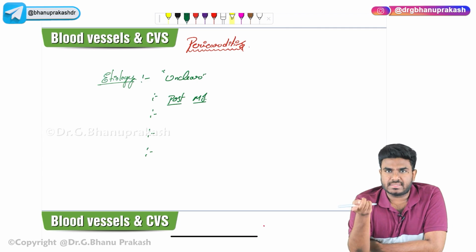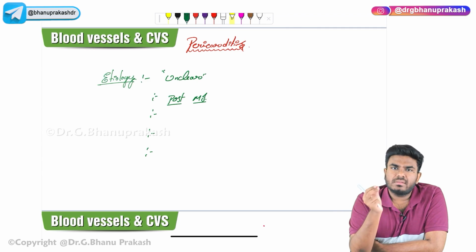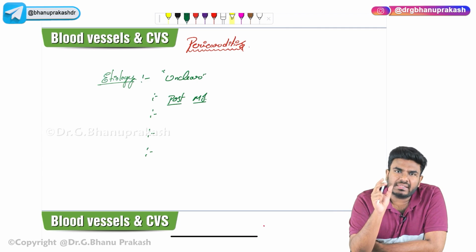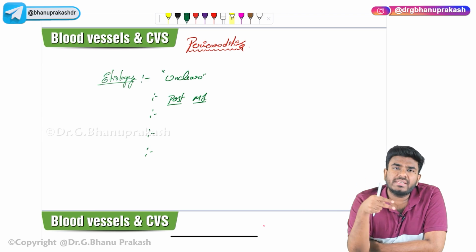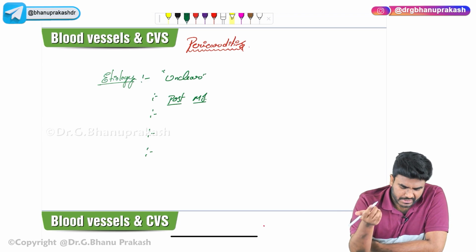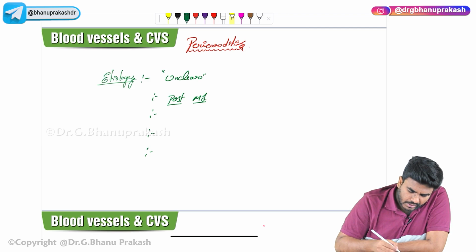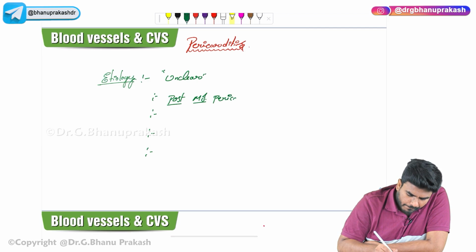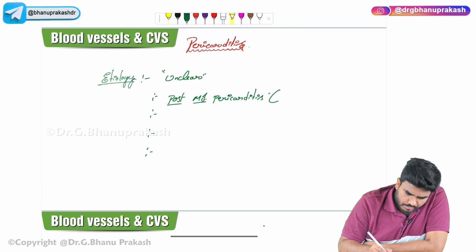During myocardial infarction, certain cardiac antigens are exposed to the immune system, so the immune system produces antibodies against the heart, against the pericardium, leading to inflammation. That is called post-MI pericarditis, which is also called Dressler syndrome.